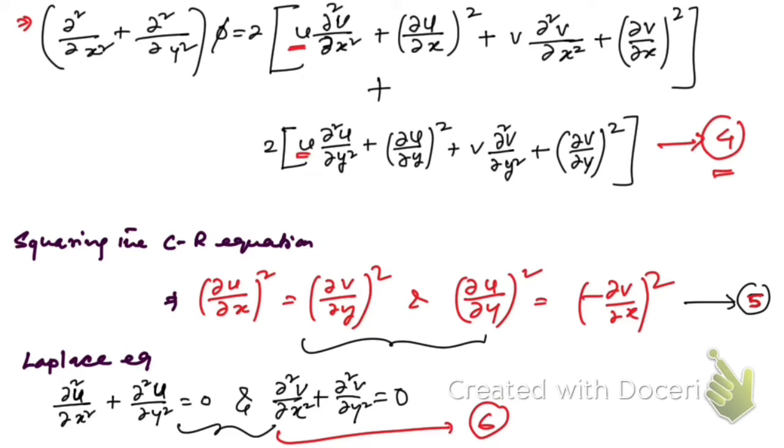Okay, so here you see this is the left hand side of the equation number 4, and this phi is nothing but square of mod of f of z, right? So we can replace the phi by this.